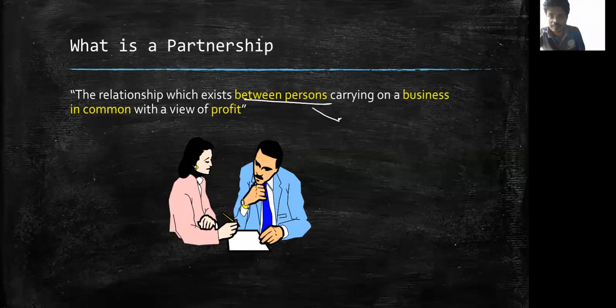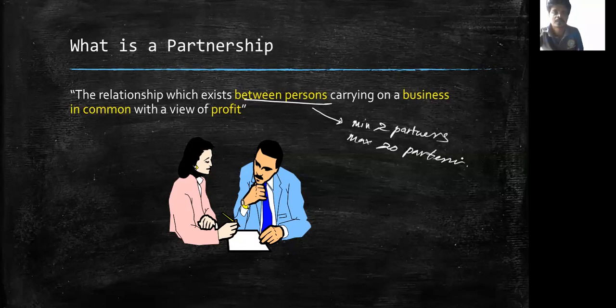I think you may remember that there should be a minimum of 2 partners and a maximum of 20. In addition to that, there should be a common view to earning profits.